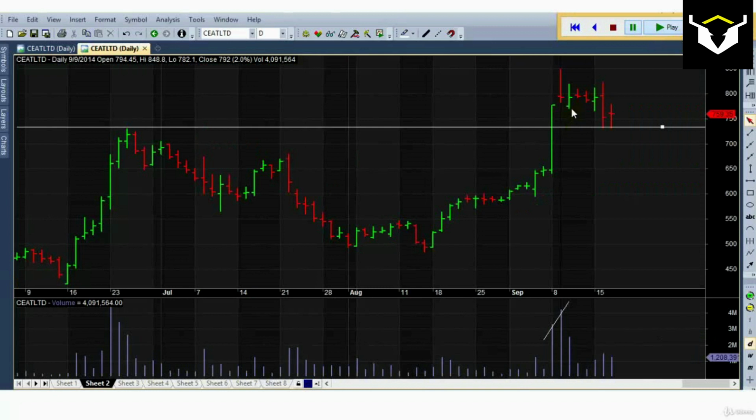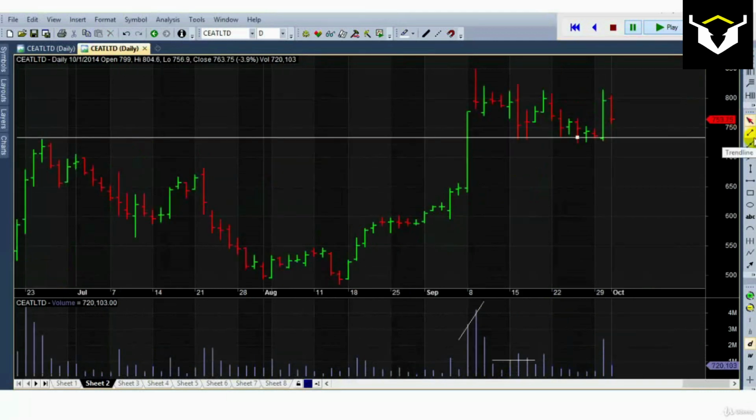You can see as prices pull back, volume dries up. This is one of the characteristics of an uptrend. When the trend resumes, volume increases. When the trend experiences a pullback, volume dries up.